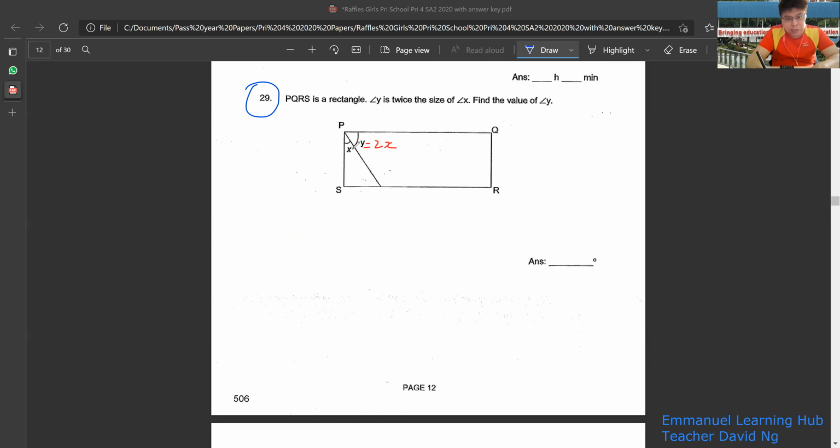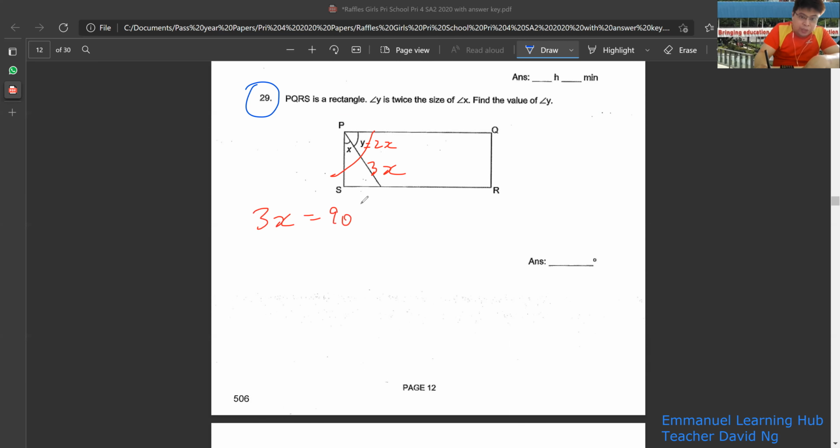Because angle Y is twice the size of angle X, right? 2 times x. Yes. So this is 2x, this is x. So altogether here is 3x.